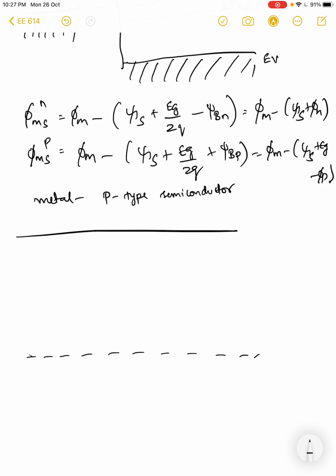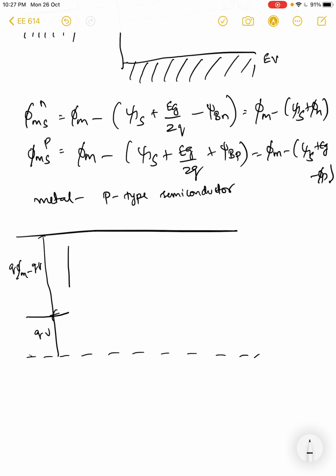If I apply a negative potential on the metal, the metal Fermi level will increase, right? Or its actual work function will reduce. This is QV, and this is Q psi m minus QV, right?